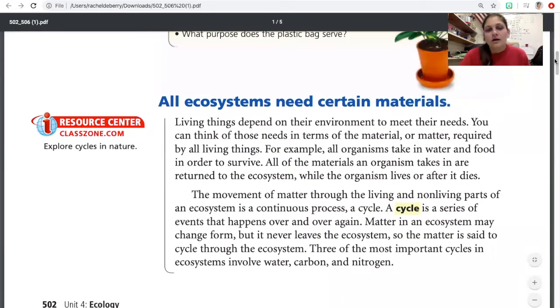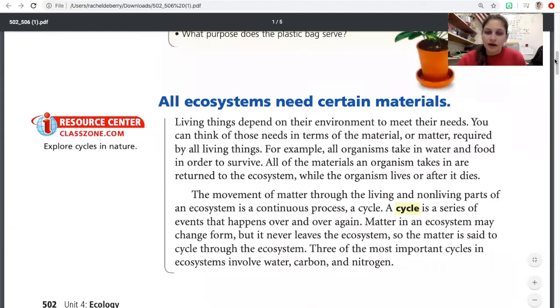So we know that all ecosystems need certain materials. Living things depend on their environment to meet their needs. You can think of those needs in terms of the material or matter required by all living things. For example, all organisms take in water and food in order to survive. All of the materials an organism takes in are returned to the ecosystem while the organism lives or after it dies.